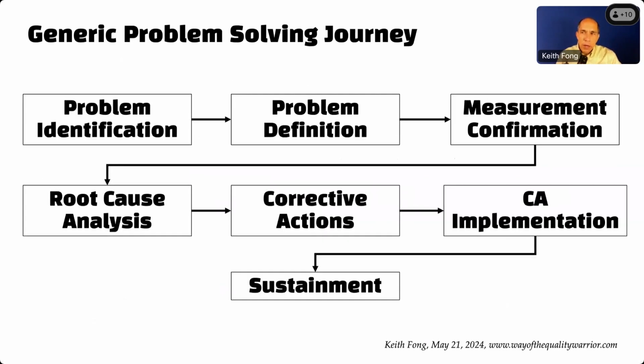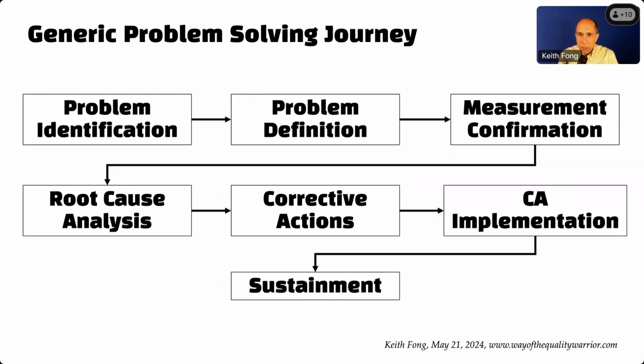If we look at the generic problem-solving journey, every problem-solving method goes through these same steps, whether you're talking about 8D, Six Sigma DMAIC, or the Toyota A3. You first have to have problem identification. Somebody's unhappy, right? At the very least, there's somebody's discontent, and then we go through the stage of converting that discontentment into a problem that the team can actually work on.